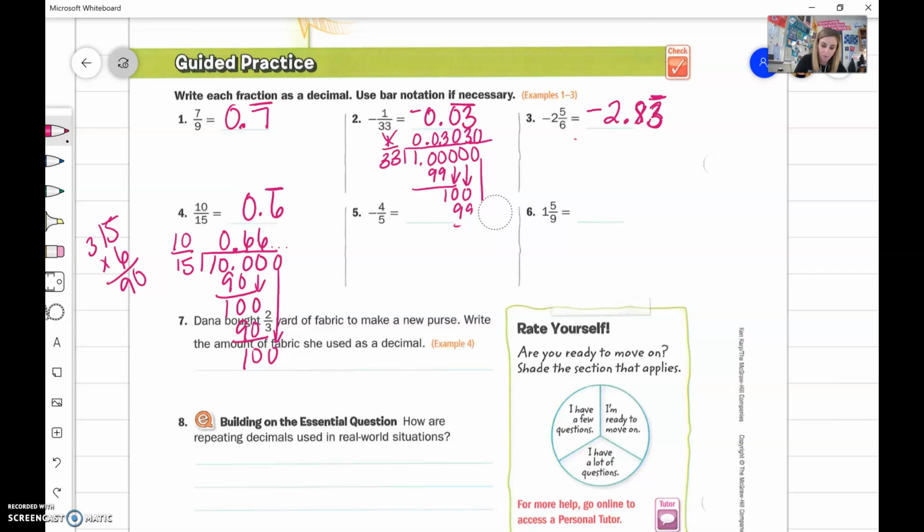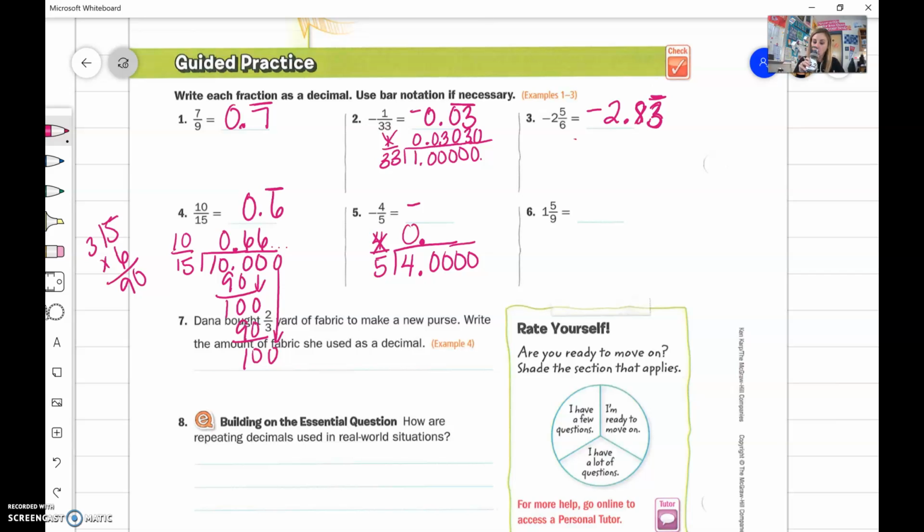Okay, I'm going to make some room here because we're going to do negative 4/5, so I'm going to put a negative right there so it makes our life easier. So I have 4/5. To turn that 4/5 into a decimal, I'm going to bring that down. I'm going to drop some zeros, and then I'm going to directly bring that decimal point up. If I have 4, can I make a group of 5?